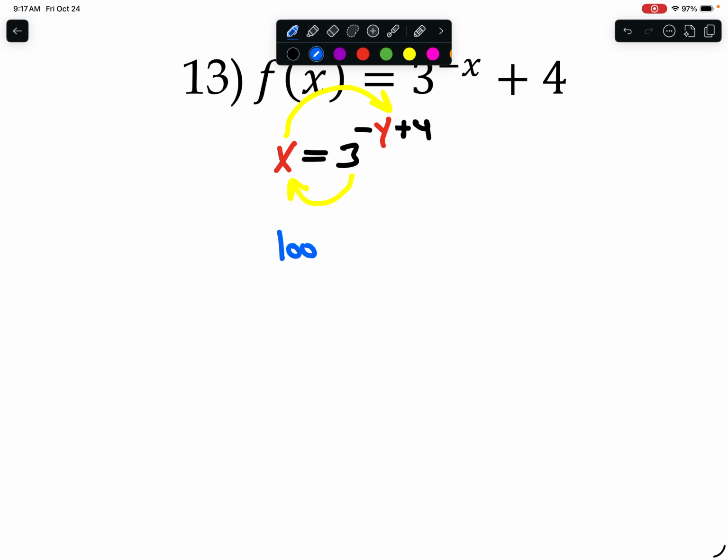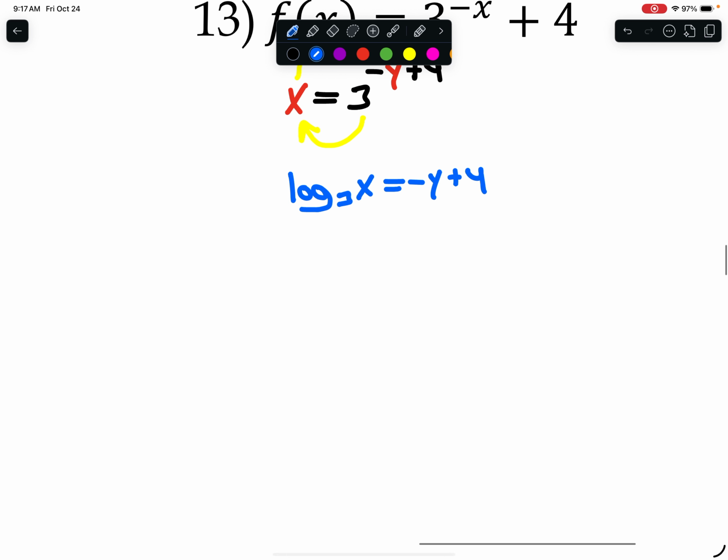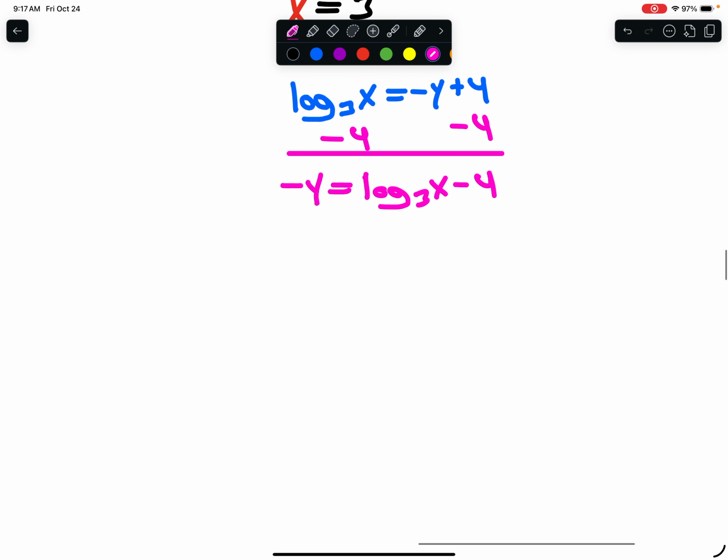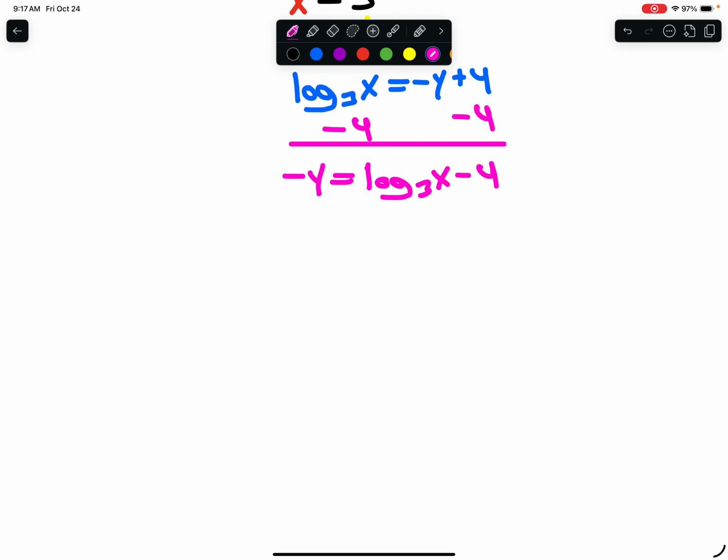So log base 3 of x is going to be equal to negative y plus 4. And then I'm going to subtract the 4 over. So I'm going to have a negative y is equal to log base 3 of x minus 4. And then I need to get rid of the negative with the y.